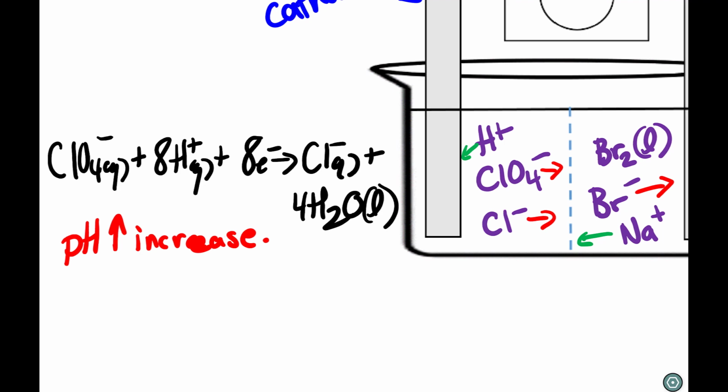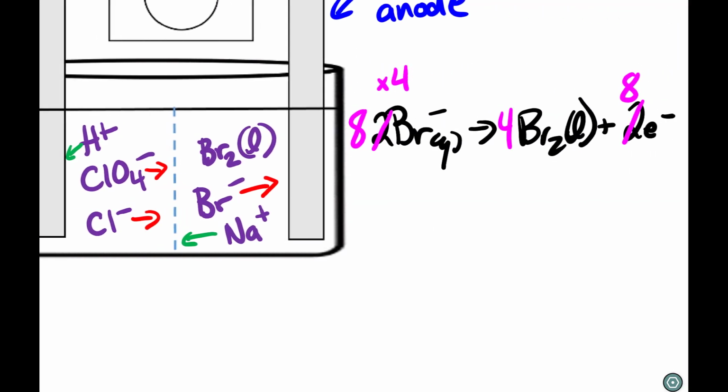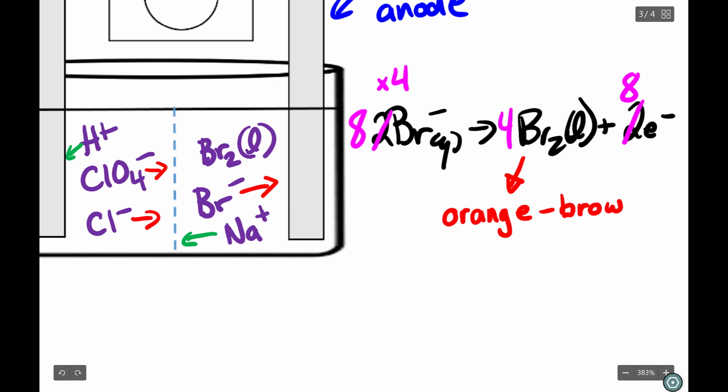Let's go to our other side. I'm taking bromide ions and turning them into bromine liquid, Br2 liquid. Now in the first half of redox, we learned that bromine liquid is an orangey brown or a yellowish brown or a reddish brown, something like that.